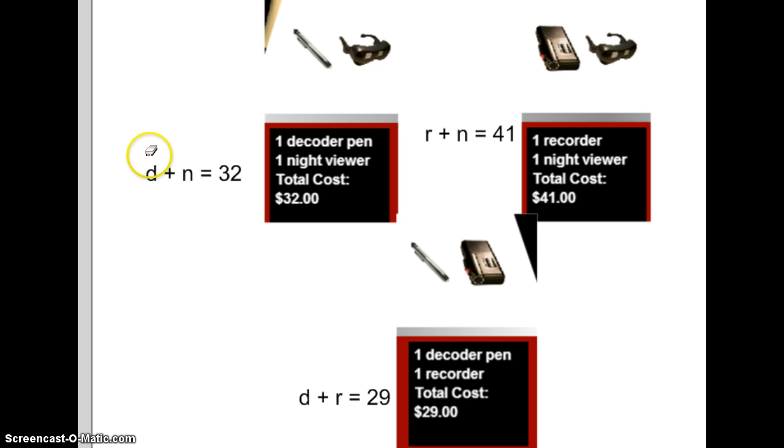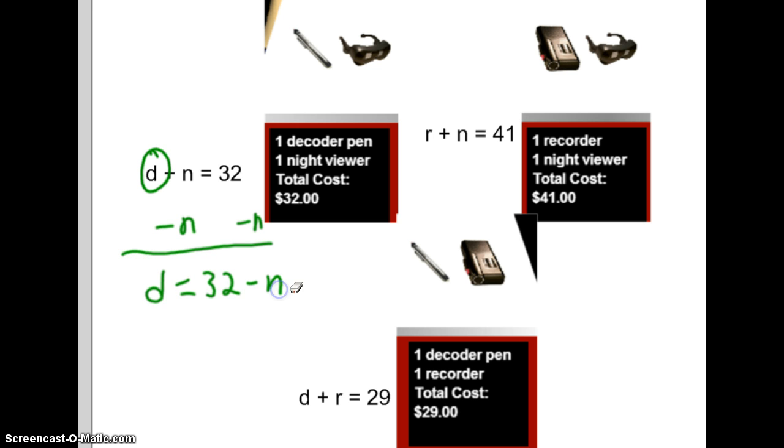So if we take the D here, and we subtract N from both sides, D would be equal to 32 minus N. On this side, if we wanted to find R, we would subtract N from both sides.